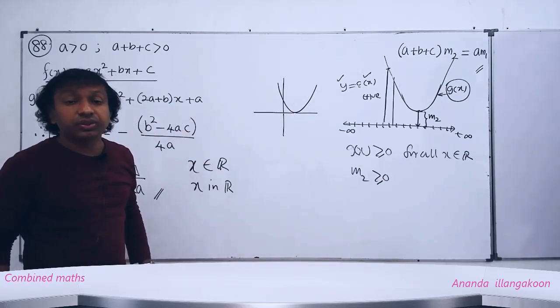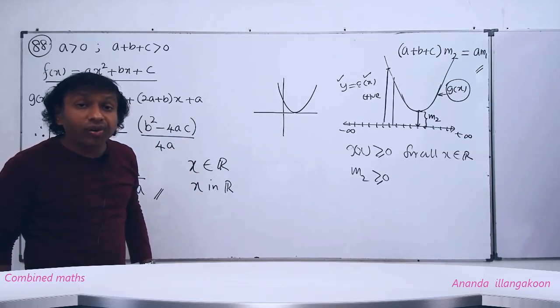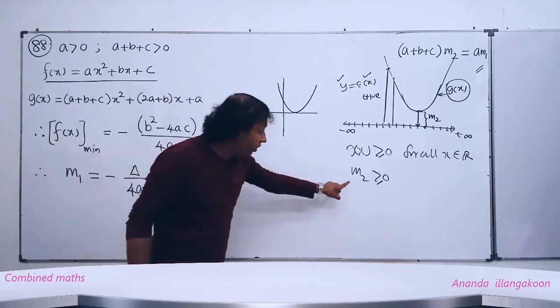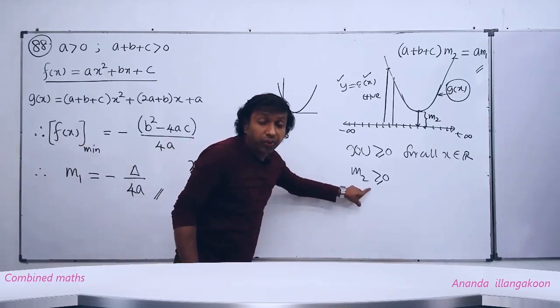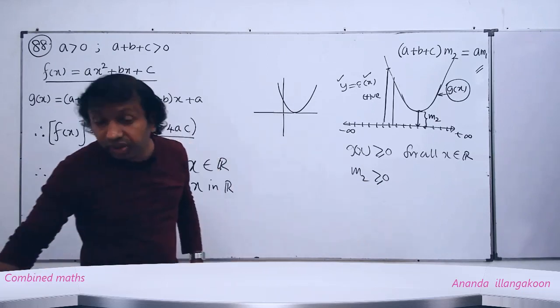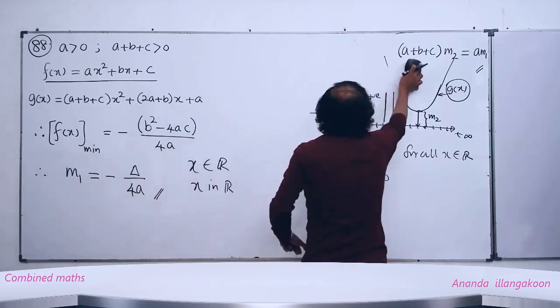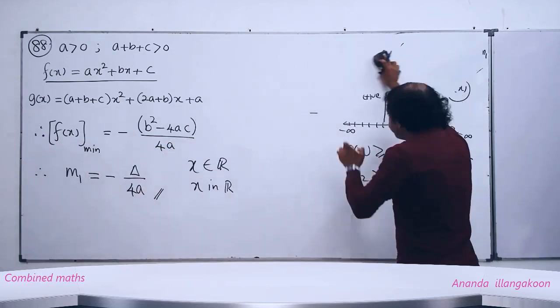Understand? So therefore, the condition required for g(x) greater than or equal to 0 for all real values of x is m2 greater than or equal to 0. All right. Then we can write the if and only if proof like this.